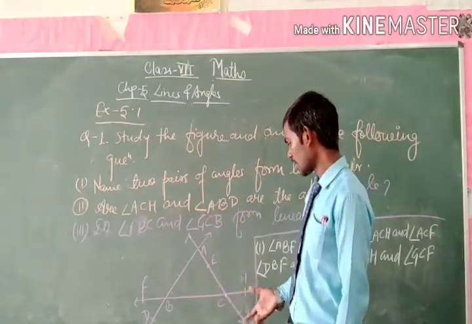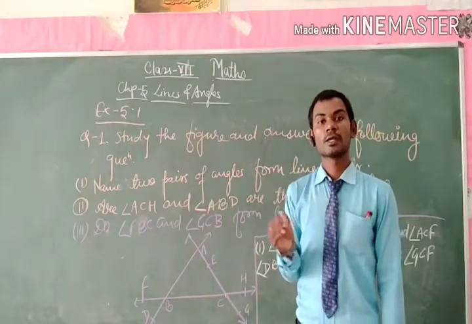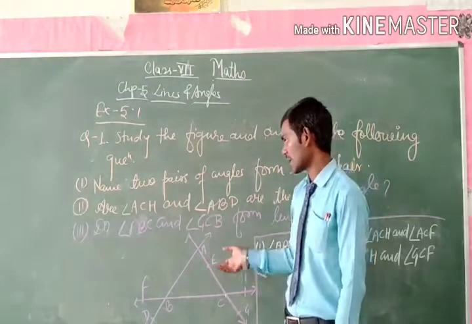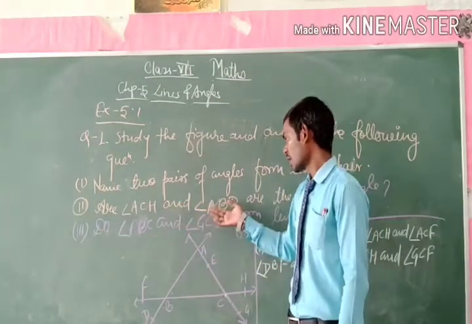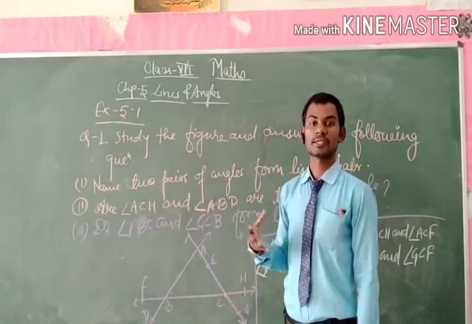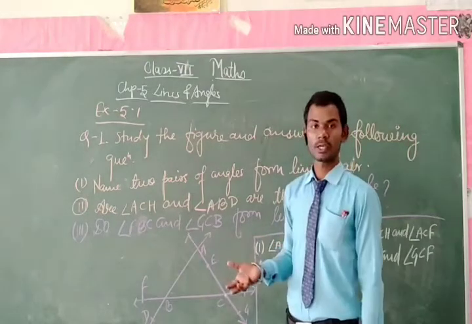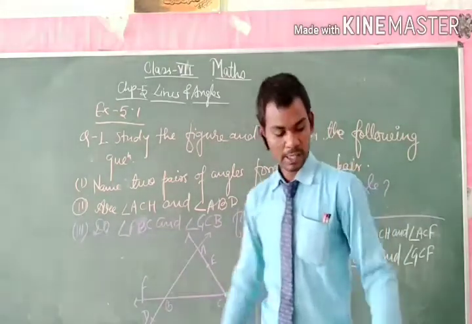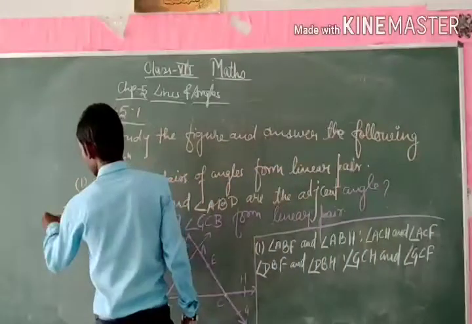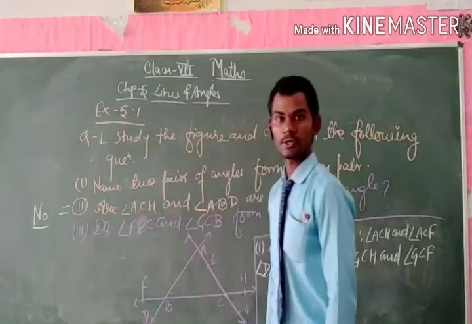Here we can see that there is no common arm with a common vertex, so we can say that angle ACH and angle ABD are not adjacent angles. I hope the second one is clear to everyone. So we write the answer to the second question: no. I hope it is also clear.